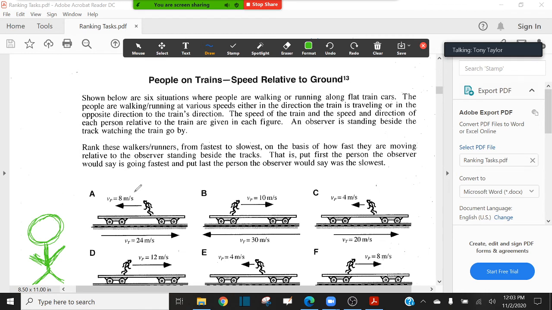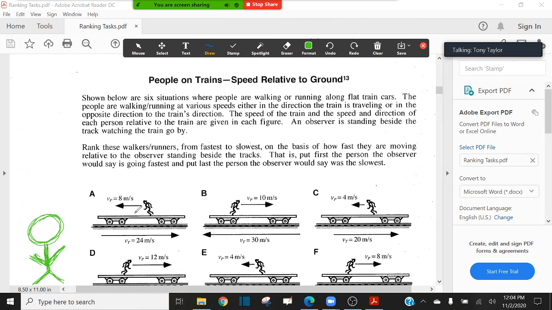This other number, 8 meters per second, shows you how fast this person is moving relative to the floor of the train itself. In other words, just looking at the floor of the train, this person is moving at 8 meters per second relative to someone on the train, who sees this person move from that particular perspective.